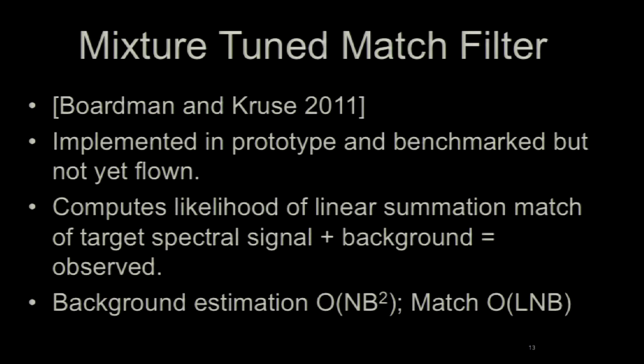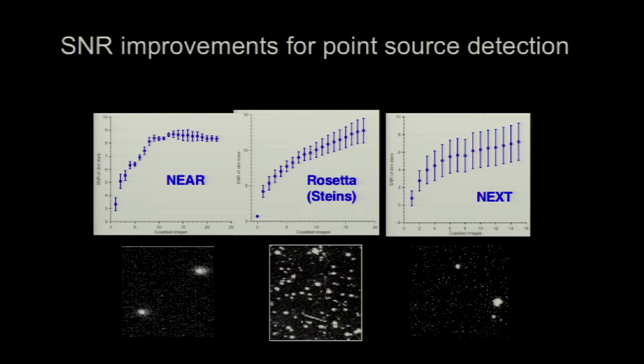And then the match is only linear in the library size, the number of pixels, and the number of spectral bands you're looking at. So one of the prototypes I'm going to talk about later, we actually demonstrated fits within the computational footprint to be doing this in near real time on board. So all of these techniques give us better ways to look at the data on board.